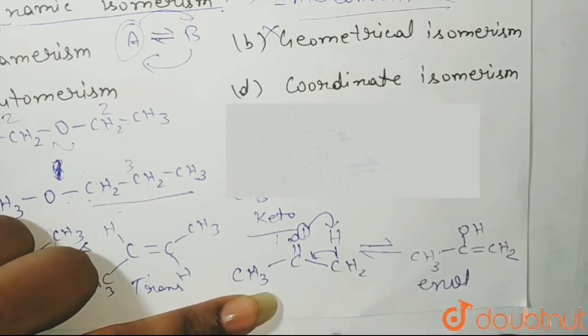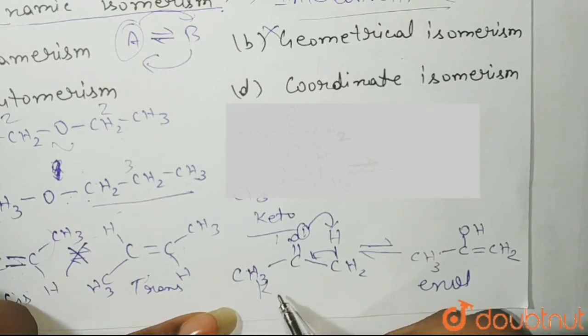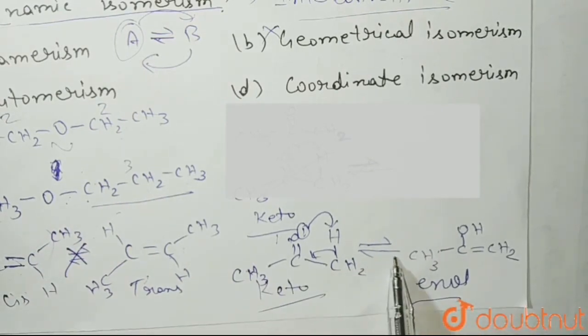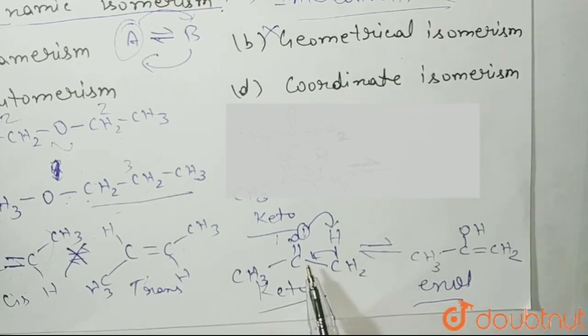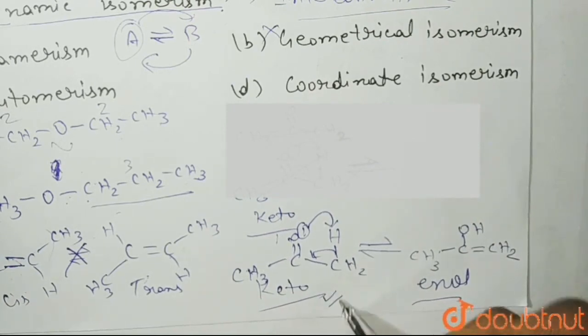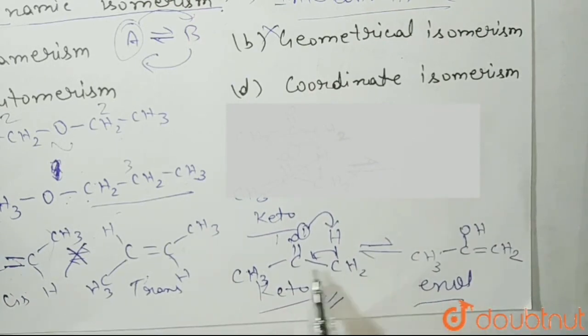This is our keto form, and this is our enol form. Here I showed this arrow because in the example of acetone that I have taken, the keto form is more stable. The percentage of keto is more, that's why the arrow towards keto is longer compared to the arrow towards enol.